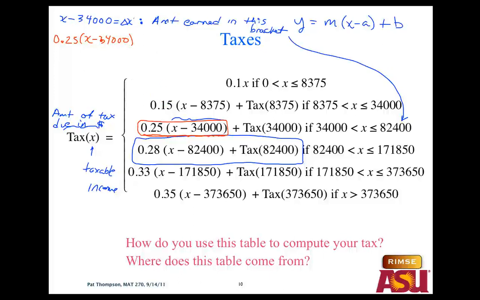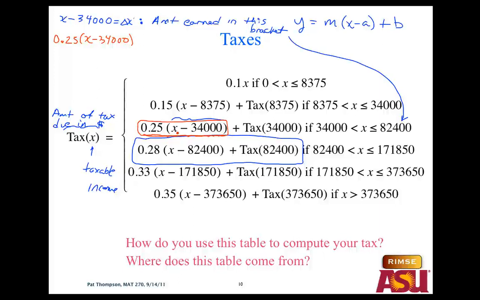Okay, so you're saying it's an amount of tax owed. On which amount of money is it the amount of tax owed? Just on the amount of income over 34,000. Right. So whatever you make over 34,000 up to your current income.